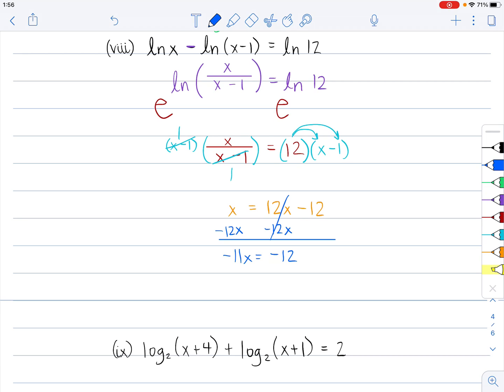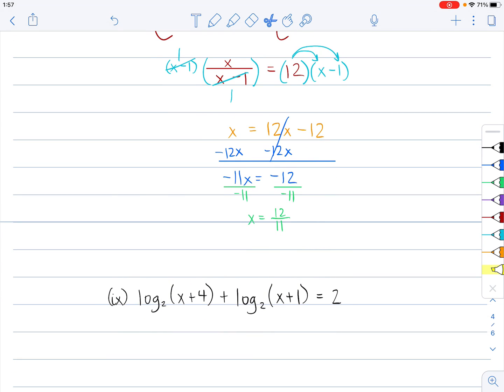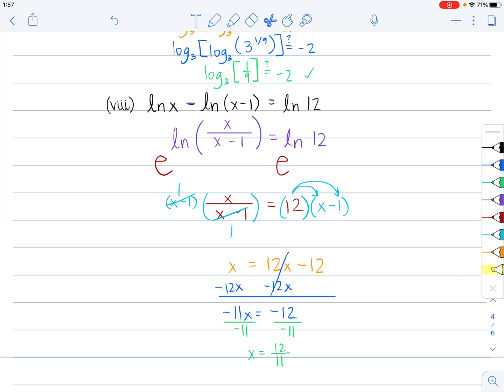To finish solving for x, we divide by negative 11, divide by negative 11 to get that x equals positive 12 elevenths. Then we check to see if our answer makes the inside of an original log 0 or negative.